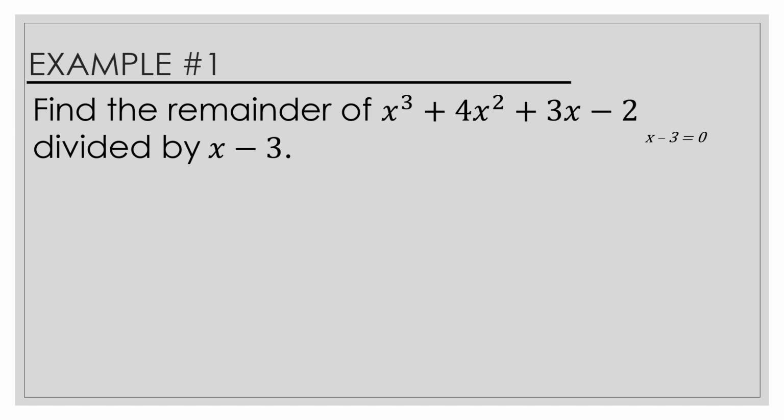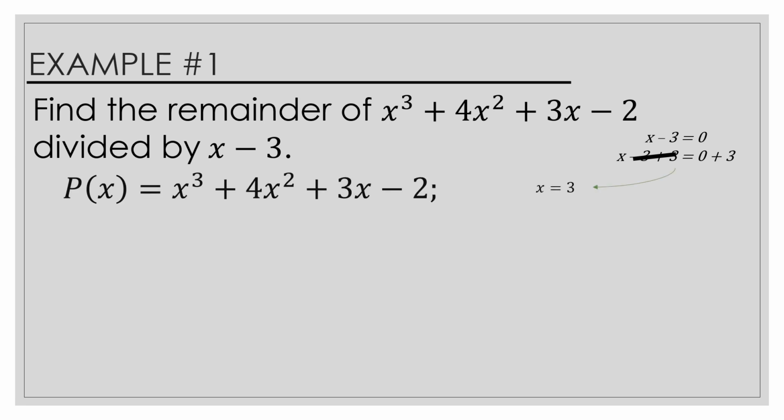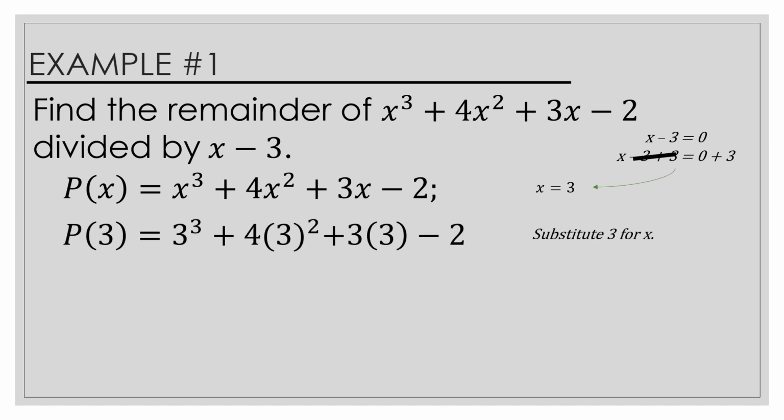Then, adding 3 to both sides will help us determine the value of x. Now we have x minus 3 plus 3 equals 0 plus 3. Cancel out negative 3 plus 3. Therefore, x will be equal to 3. Now, substitute 3 for x.